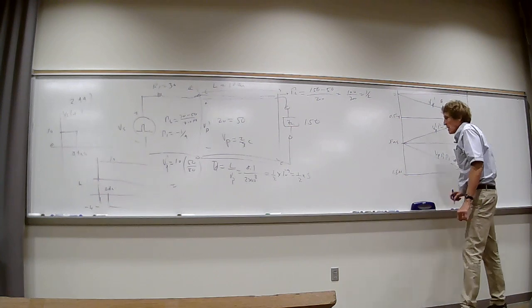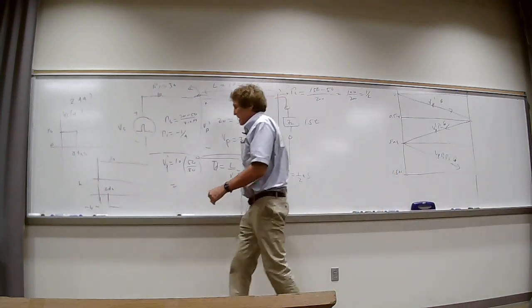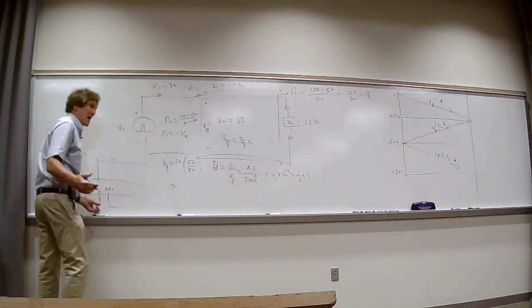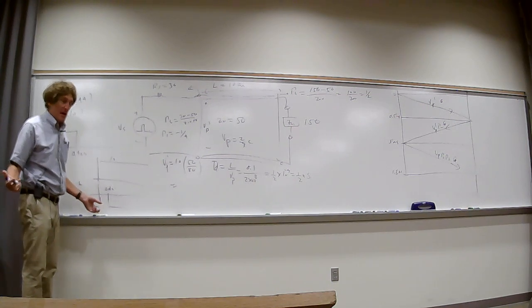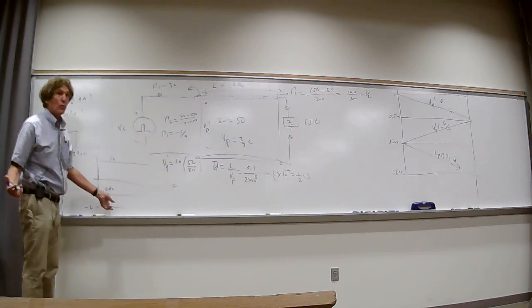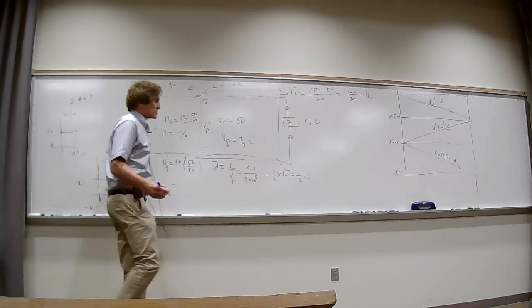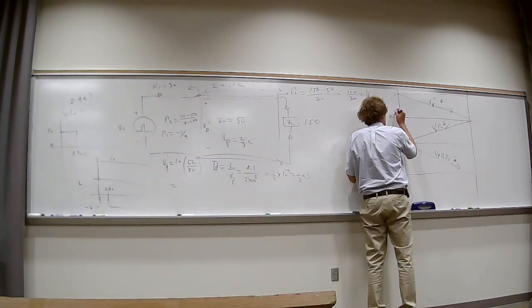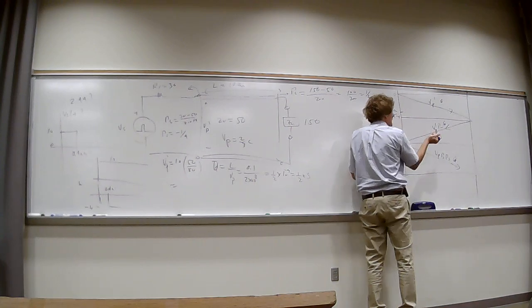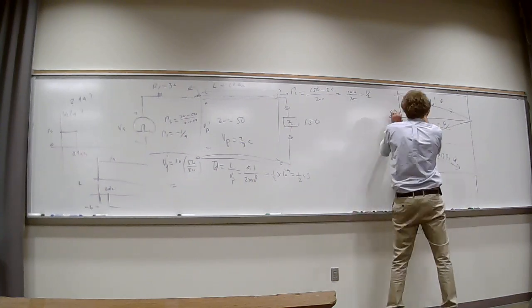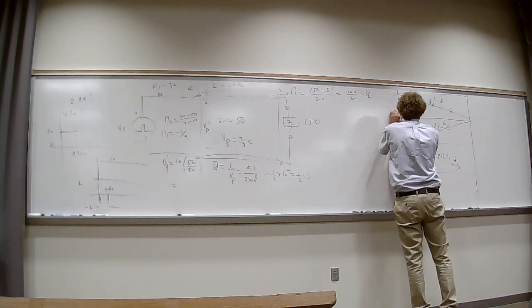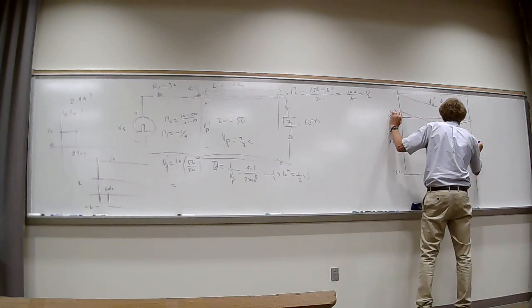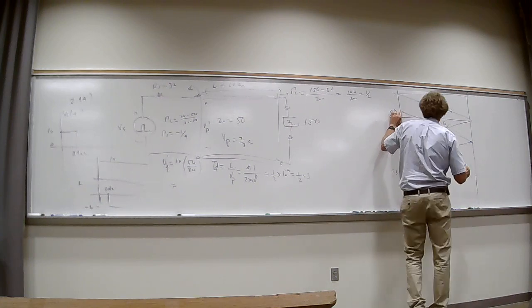Now, let's talk about this negative going waveform. Same magnitude, opposite sign, right? But it starts at 0.4 nanoseconds. So it starts right here. That's negative though. It's going to have an exact same bounce diagram in terms of the actual directionality.